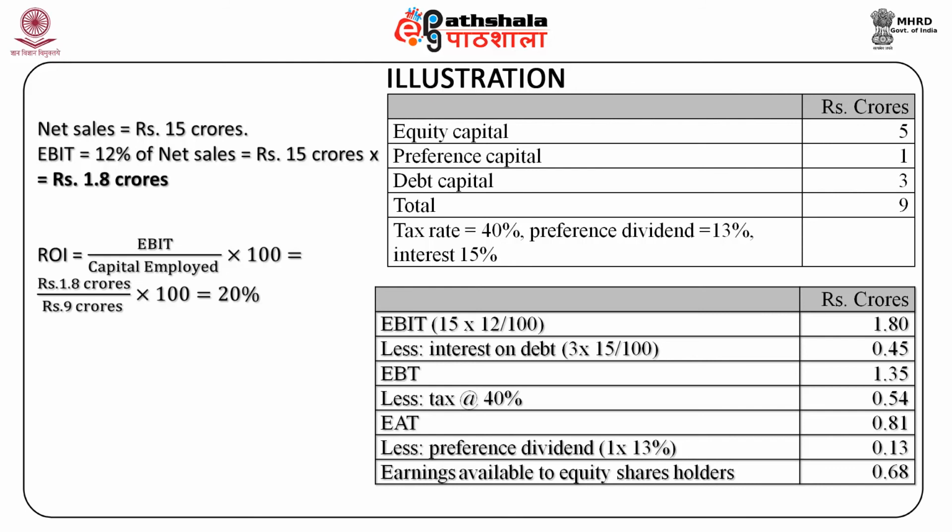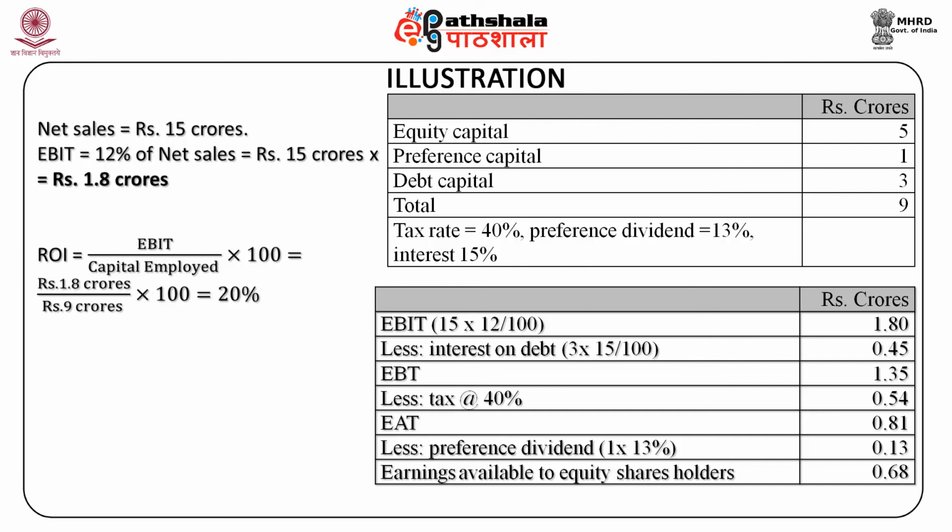Earnings before tax, EBT, is 1.35 crores, less tax at 40%, 0.54. EAT or earning after tax is equal to 0.81 crore, less preference dividend 1 into 13% is 13 lakhs. Earnings available to equity shareholders is 0.68.